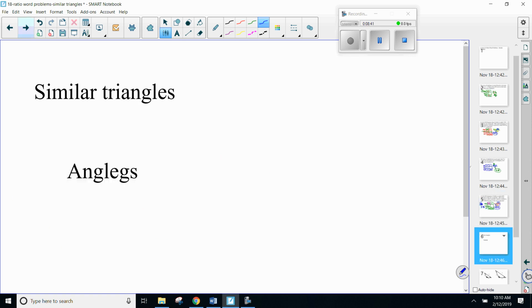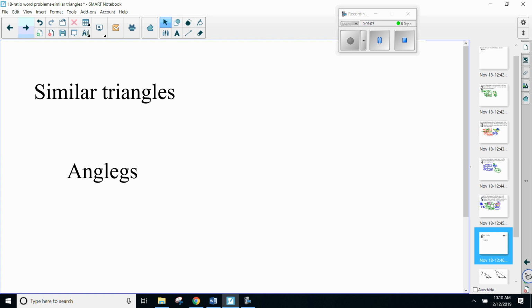Similar triangles, the angles. If I told everybody to create an isosceles right triangle, I might have different sizes, but I would have isosceles right triangles. These two triangles are similar to each other. Similar because they have the same angle measures.